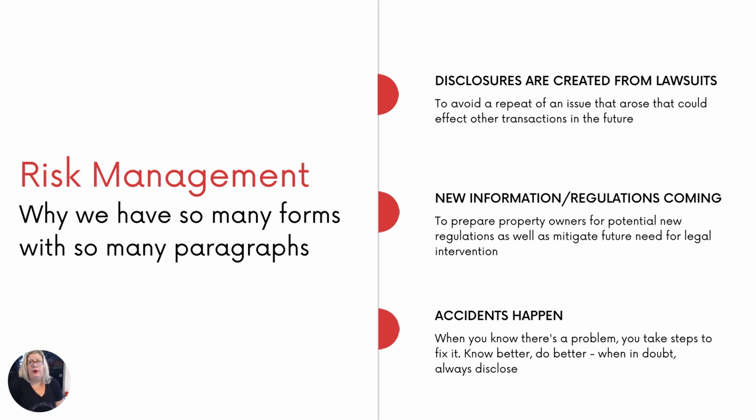We have different levels of requirements that'll be coming. Also, accidents happen. If a situation's come up that your brokerage is aware of or you know something's happened, it's better to always share and mitigate the risk and say, this is what has happened with this property. There is a potential liability. If there's ever any question, you always want to disclose. The whole reason for the disclosures is to convey information about the history of the property to the new buyer.